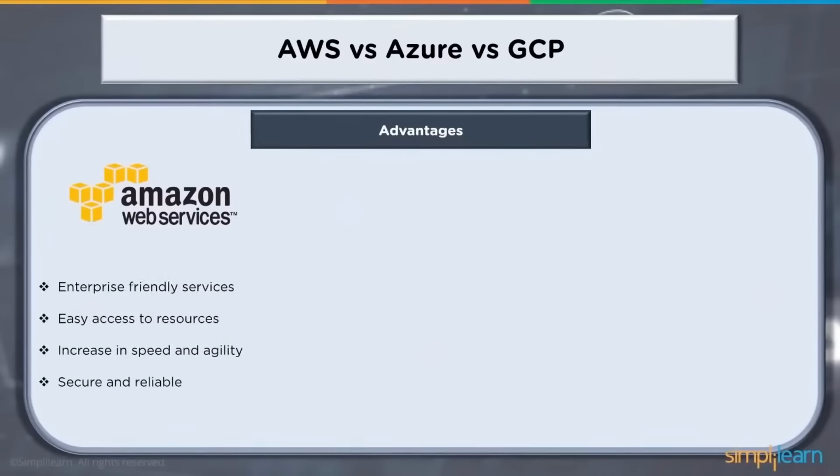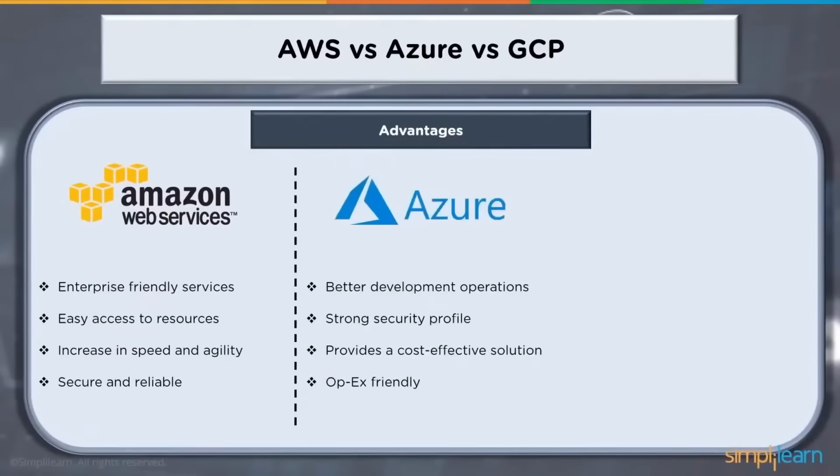When it comes to advantages, Amazon Web Services has enterprise-friendly services, easy access to resources, increase in speed and agility, and that too on demand, and takes care of your security and reliability of resources which are offered. When it comes to Azure, it has better development operations, strong security profile, provides a lot of cost-effective solutions, and operation execution friendly.